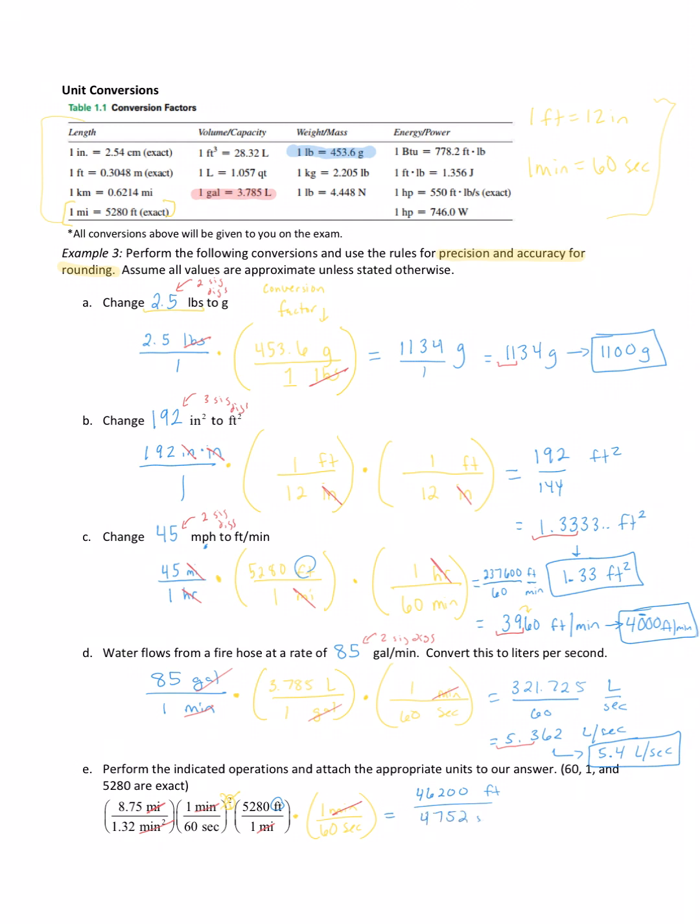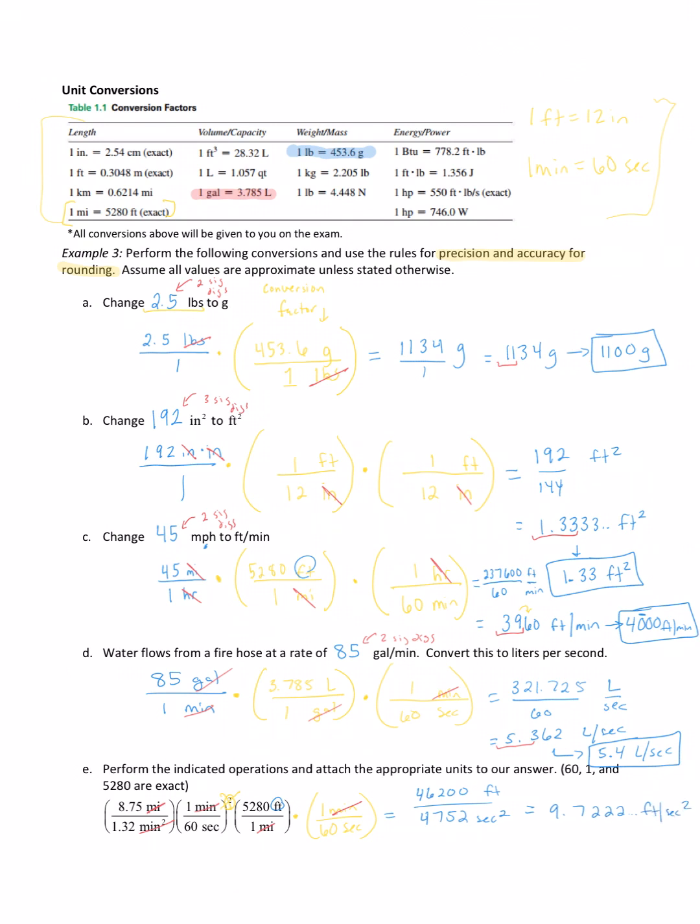Second times second is second squared. Last but not least, we have to make that division, 46,200 divided by 4,752, and this would leave us with 9.72 repeating feet per second squared.